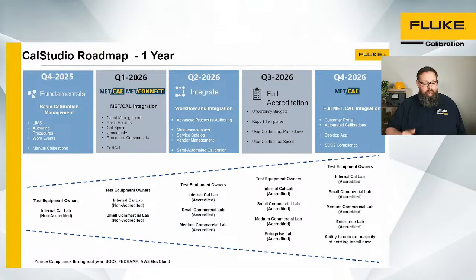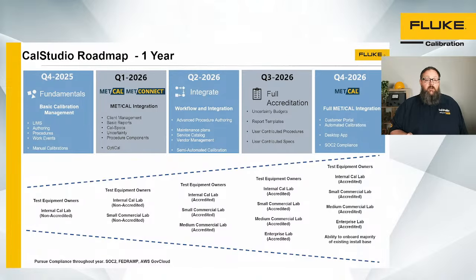Can CalStudio replace MetTeam? How does the licensing work? Will it have a customer portal? So, really good questions. 3 questions, really. So, replacing MetTeam, yes. The expectation is by the end of next year to be at essentially parity with the core functionality of MetTeam. That's really where we're going here.